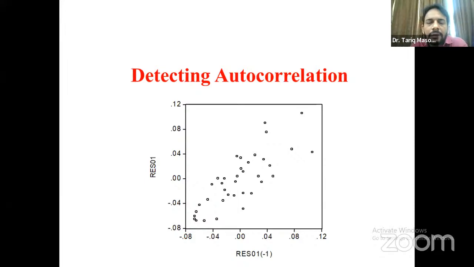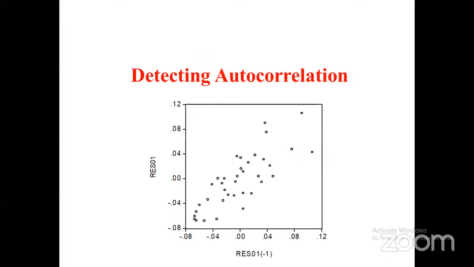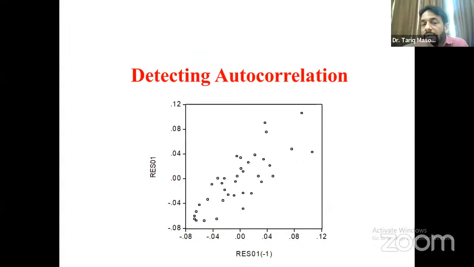Or you can plot a scatter diagram between the current residual at time t and the residual at time t minus 1, which is basically for looking at the correlation dimension.